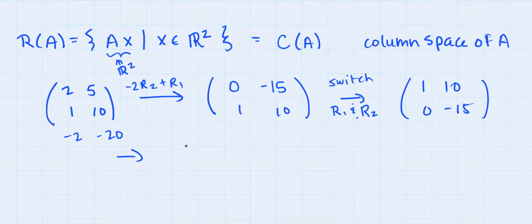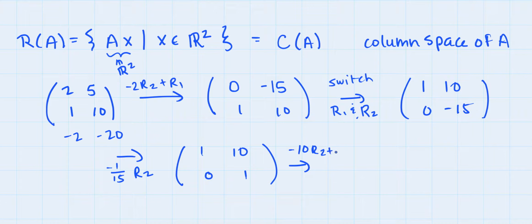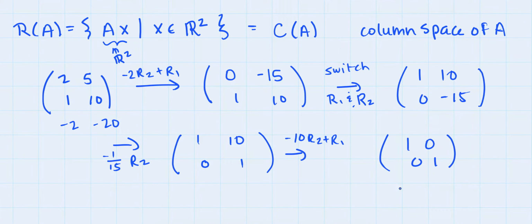Then I'm going to divide row 2 by -15. And then I'm going to multiply row 2 by a -10 and add it to row 1. And I get the 2 by 2 identity matrix.